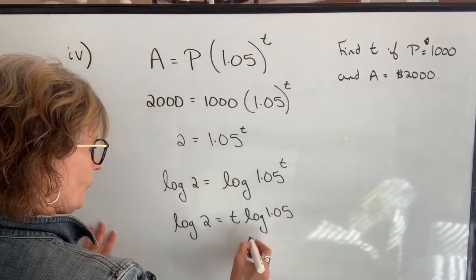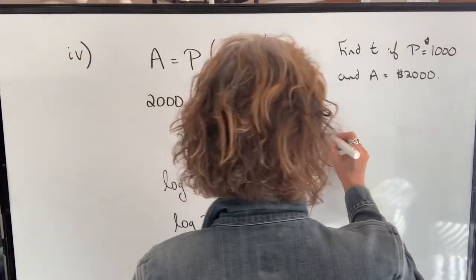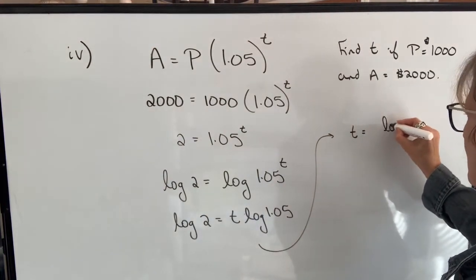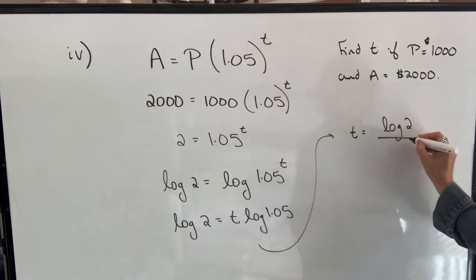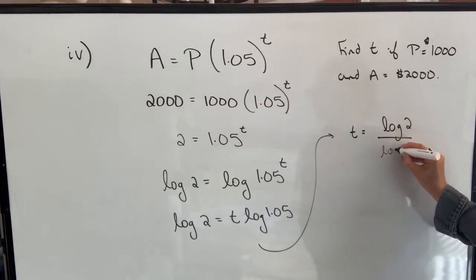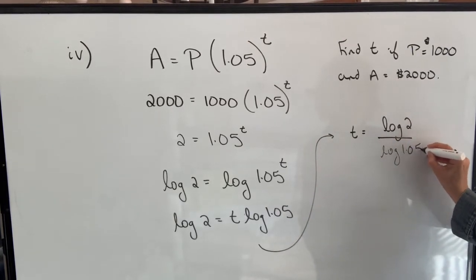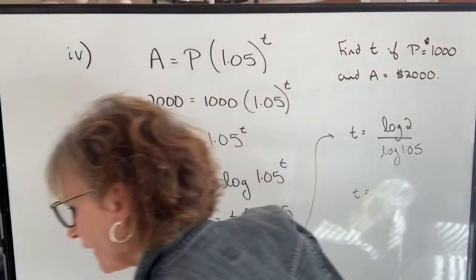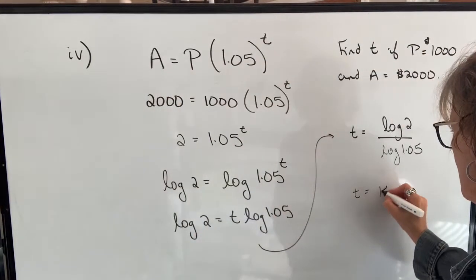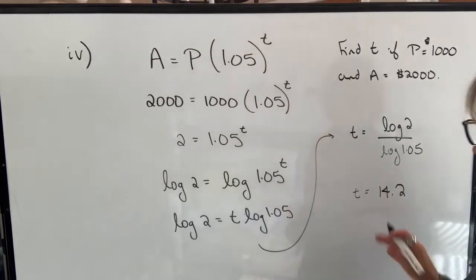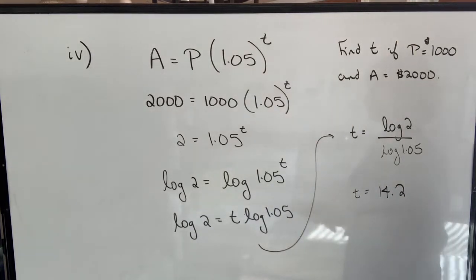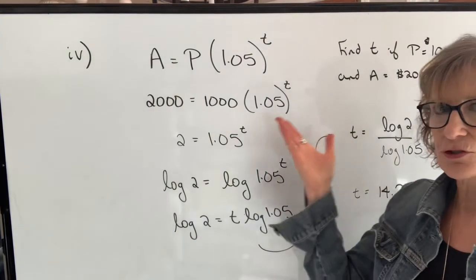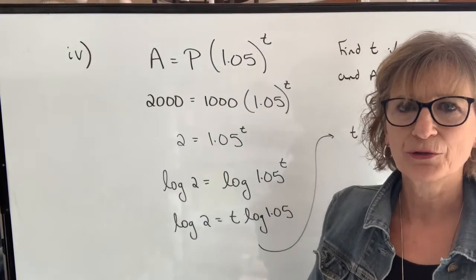And then to solve for t, I'm going to divide the log of 2 by the log of 1.05. When I do that, I get an answer of 14.2. T is going to be in years in this example, so it would take 14.2 years for my money to double, given that interest rate and that timeline for compound interest.